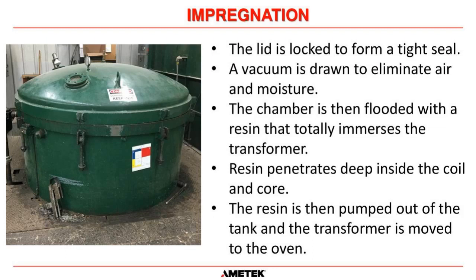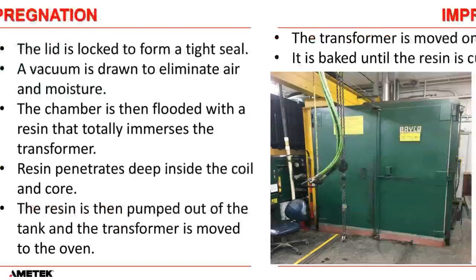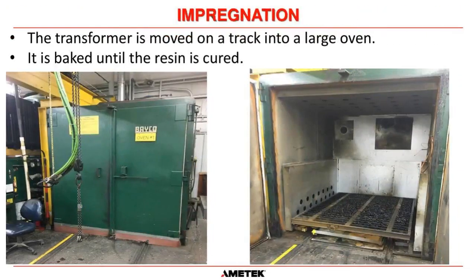After it's penetrated, we've had enough time there, the resin is then pumped out of the tank and the transformer is moved to an oven. Here's the oven where the transformer is cured.